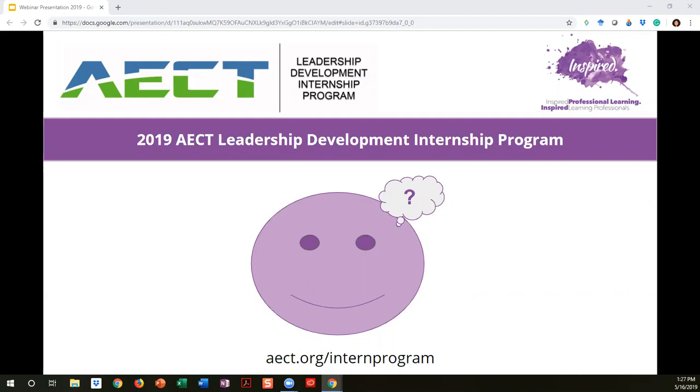I know for me personally, the difference in my application from one year to the next was like night and day. I had a couple of activities when I applied the first time, and then the second time that I applied, I had a lot more experience within the association of things that I had done that were able to highlight my qualities as a leader and my initiative to help out within the organization.